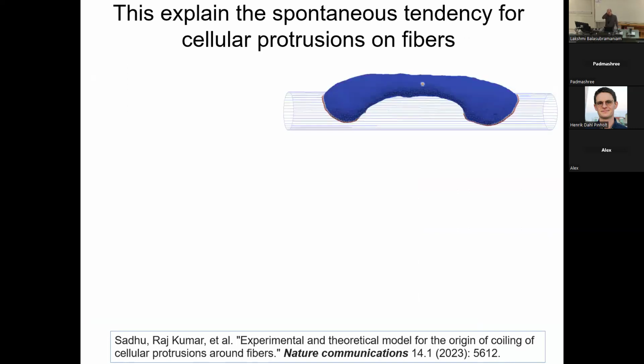What happens now if you go back to our shapes? You remember that we could get a motile object with a single arc of these curved proteins, but it coexists with this two-arc object, which is not motile. So what happens when we take this object and we put it on a fiber? So maybe you can already guess, because each of these ends is by itself like a leading edge.